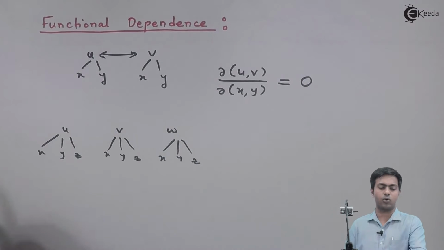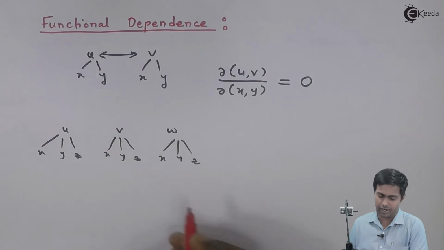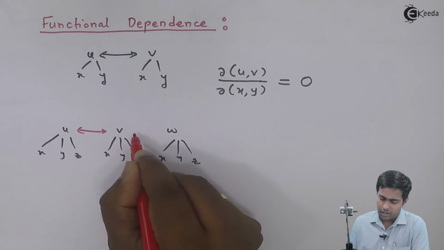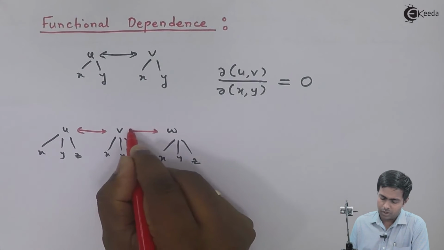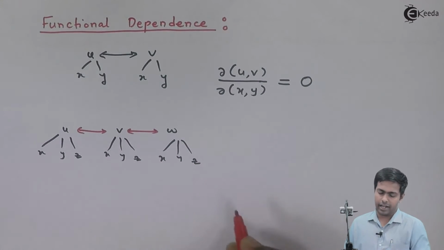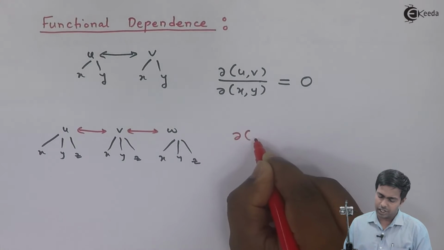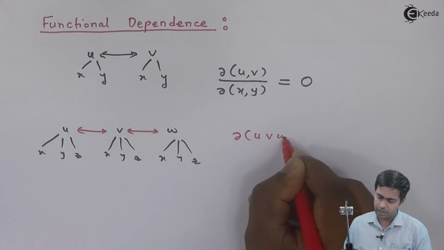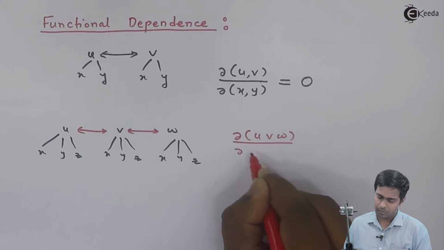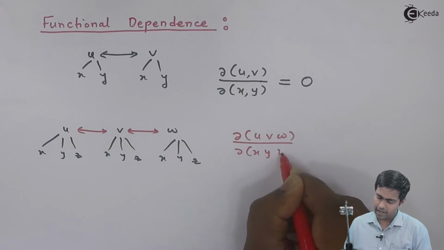Now if I want to understand the functional dependence between u, v and w, then I can use the condition as the Jacobian of u, v, w with respect to x, y and z.